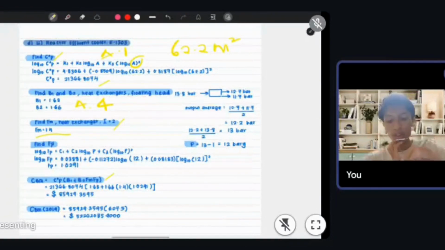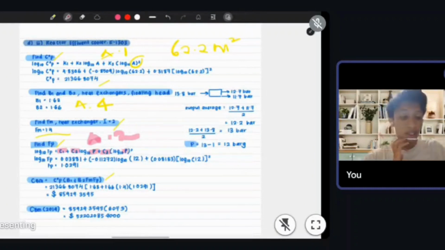After FM, we calculate FP using the formula FP. C1, C2, and C3 can be obtained from table A2. And the pressure is the same as the previous question.